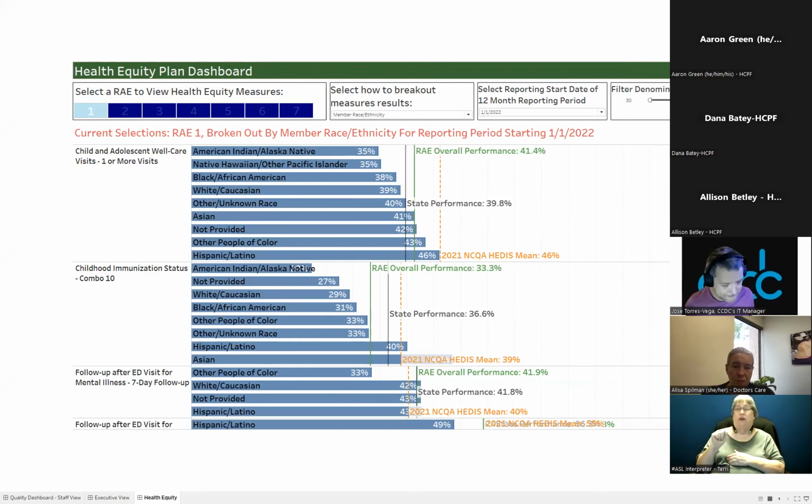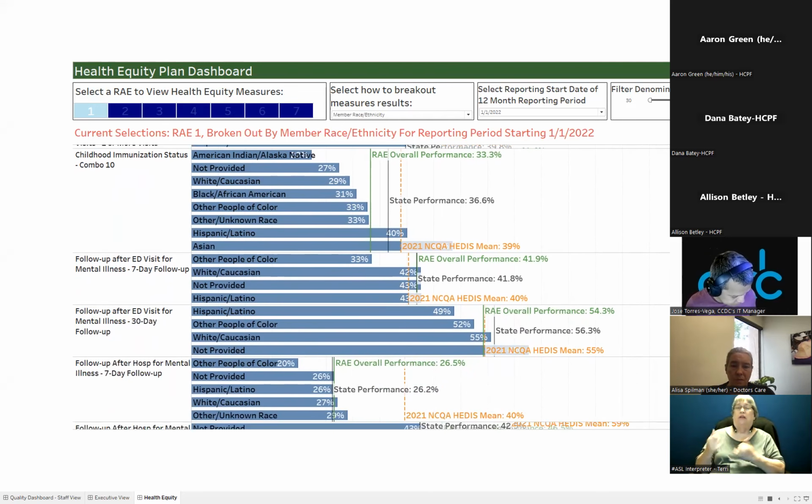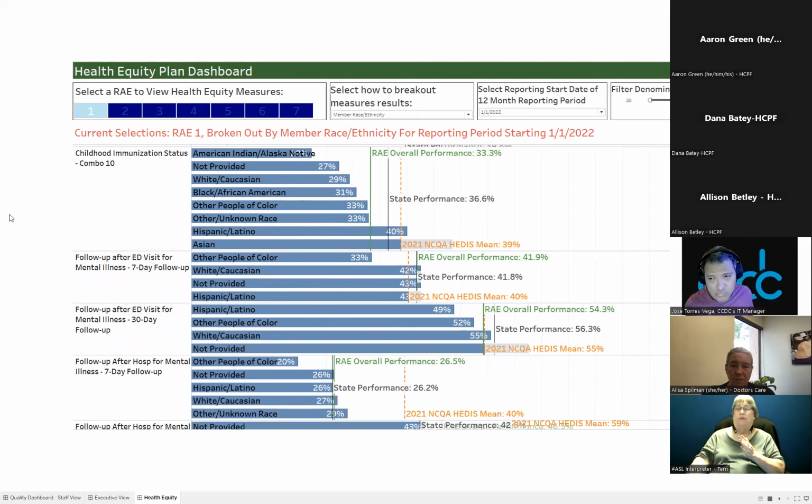Let me scroll down a little bit here. We can see the different measures. We have this child immunization status measure, and this is the combo measure, so it's if the child had received all of those vaccinations. Here we would read this as Ray 1's overall performance is 33.3%.